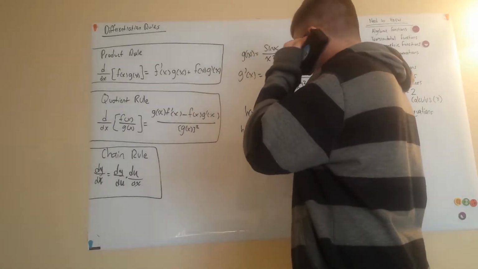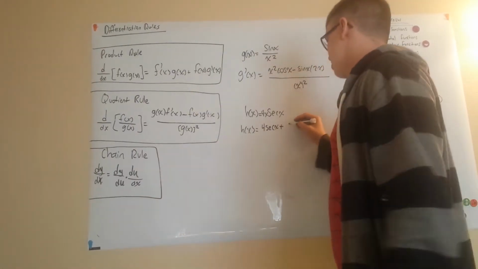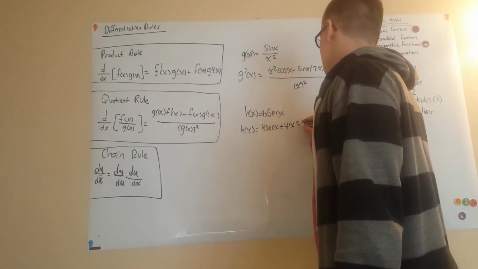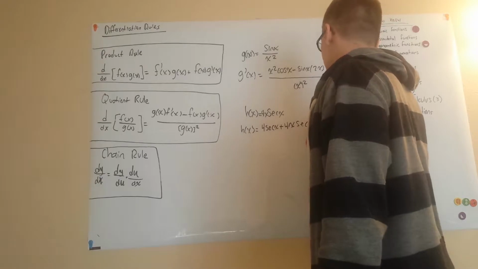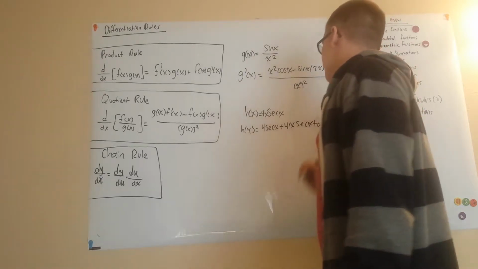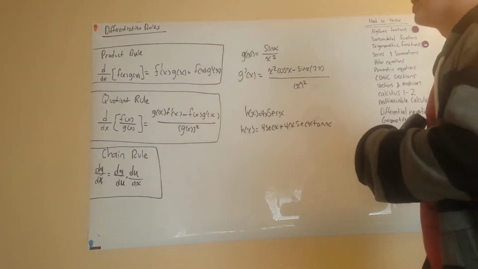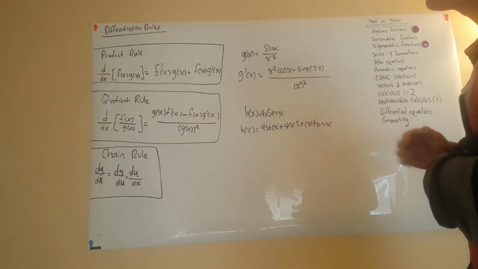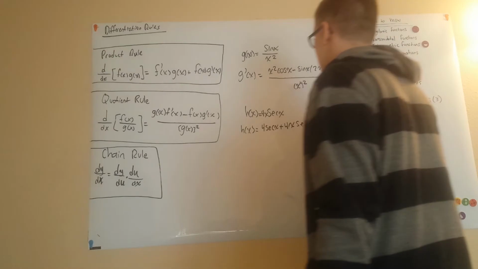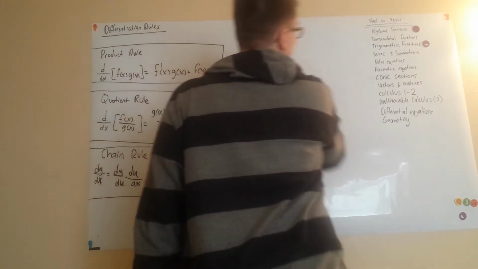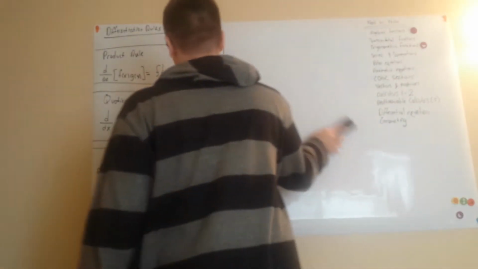Derivative of the first times the second plus the first times the derivative of the second. That is all. These are fast and easy, that's why I don't have to do them really fast. So that's all I'm going to do for product rule. There's nothing else I should cover.